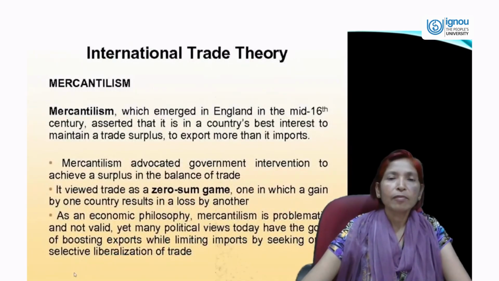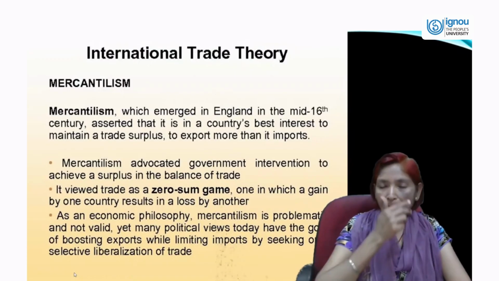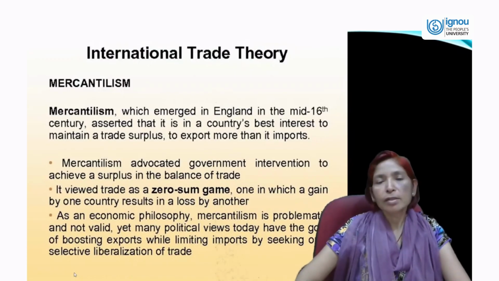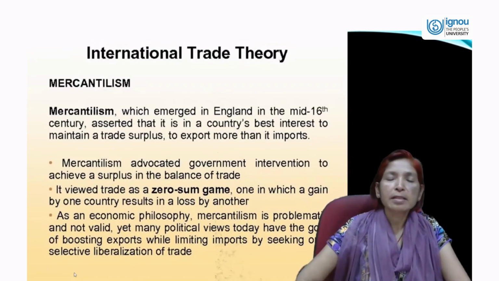International trade theory, first is mercantilism theory. Mercantilism, which emerged in England in the mid 16th century, asserted that it is in a country's best interest to maintain a trade surplus, to export more than it imports.